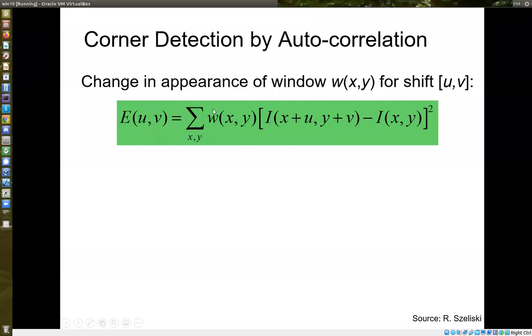And W is just the window we discussed earlier. So this is basically a function that can specify the cornerness we just described, for different U and V values.